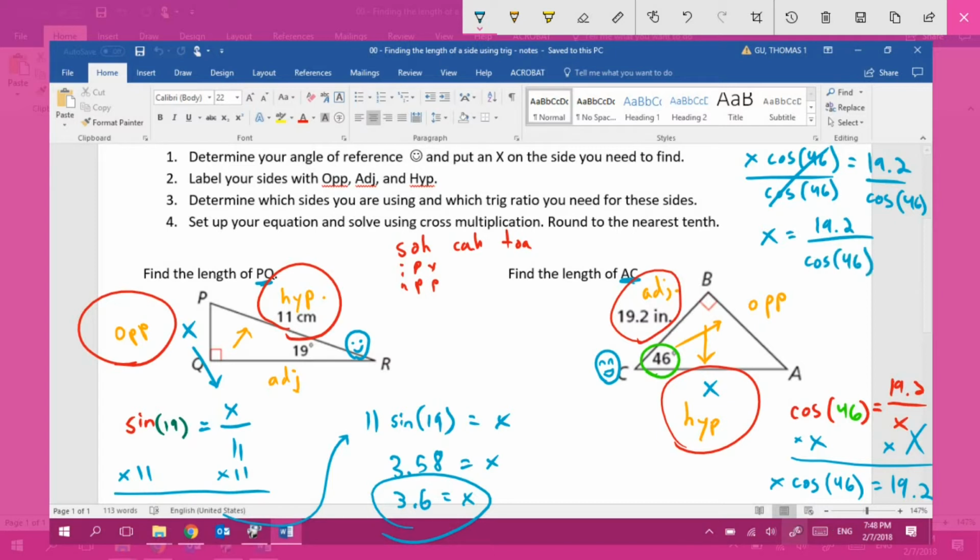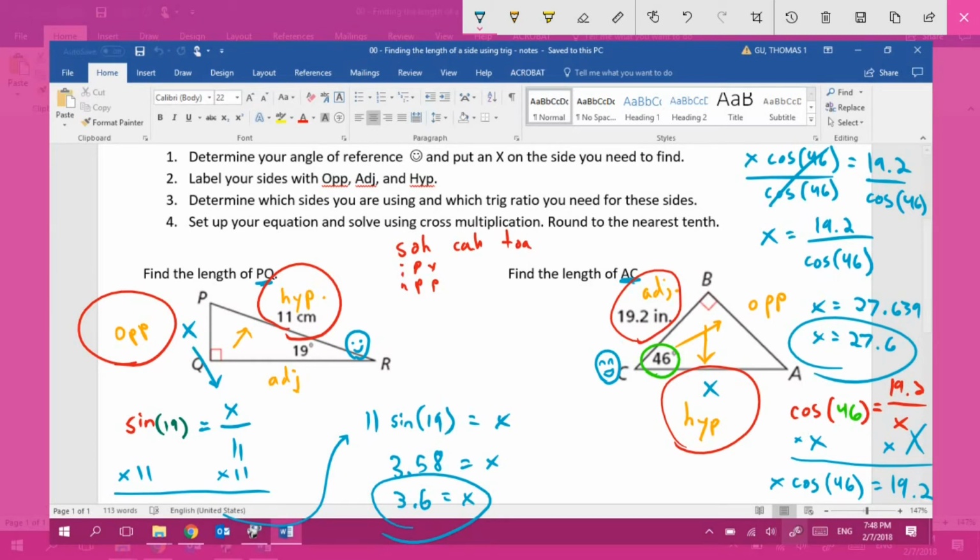So we're just going to plug that into the calculator and see what the calculator tells us. So 19.2 divided by cosine of 46. I got 27.639. So if I round that to the tenths, it's going to be 27.6. We did it.